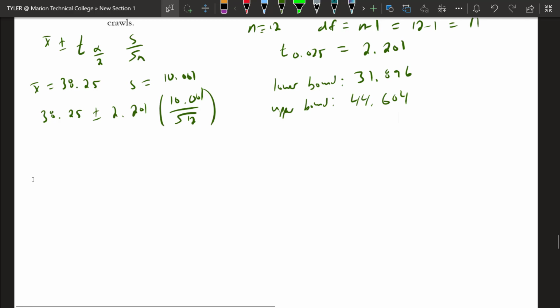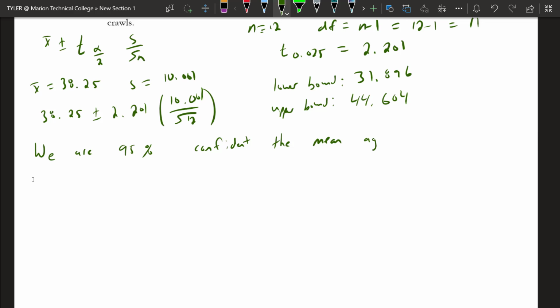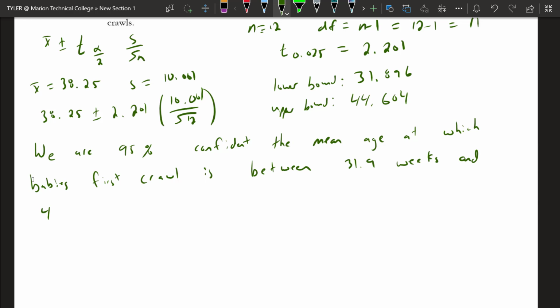So we could say that we are 95% confident the mean age at which babies first crawl is between 31.9 weeks and 44.7 weeks.